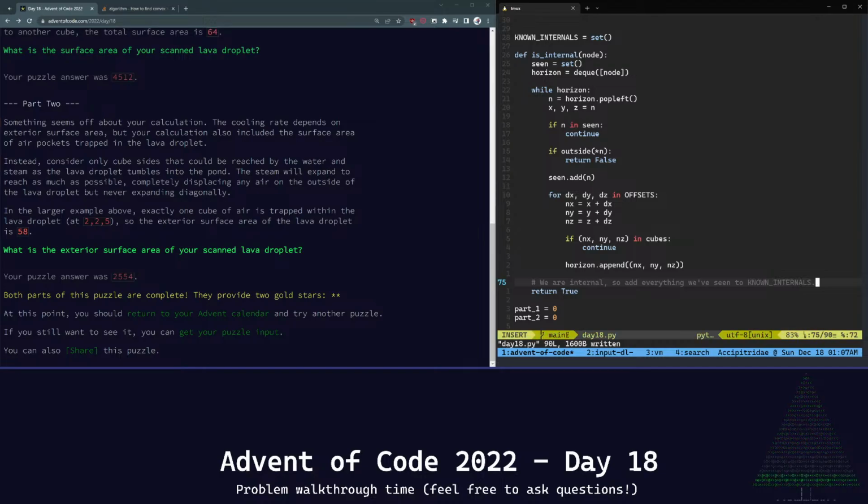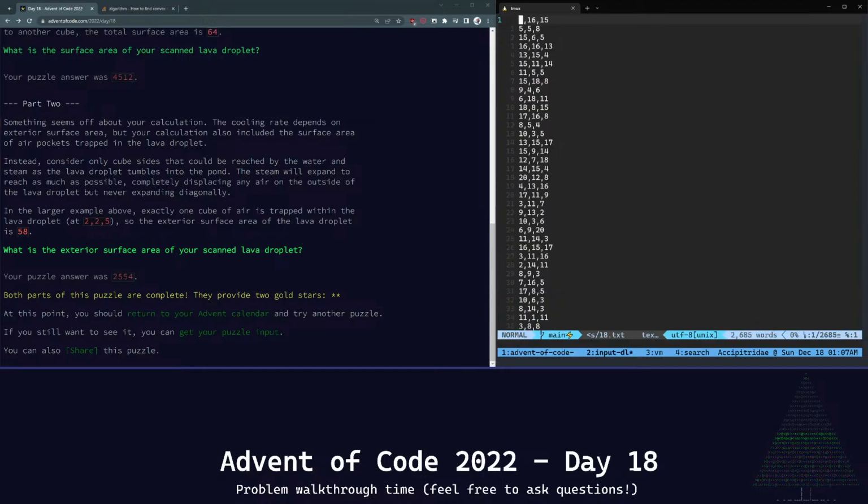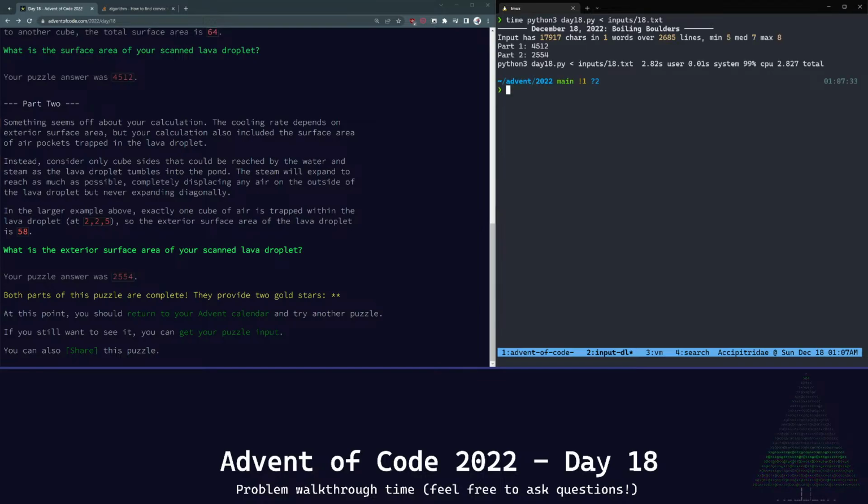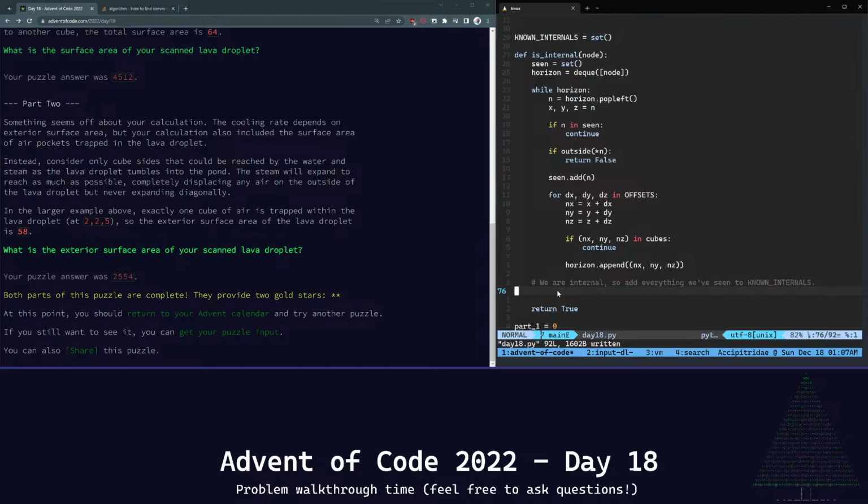This should speed it up quite significantly. Let's try to quantify how much it speeds things up by. Let's try to time this. This is day 18. Okay. We run this, and it takes 2.82 seconds. So let's try doing it with this optimization.